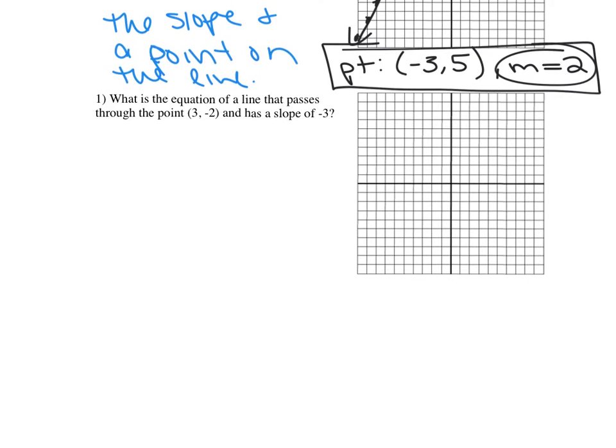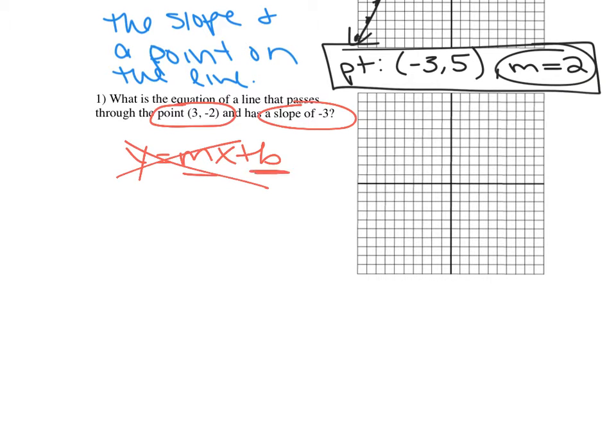For question 1 here, we have what is the equation of the line that passes through the point 3, 2 and has a slope of negative 3. So again, I have a point and I have a slope. You should not be thinking y equals mx plus b. Not. Because that requires a slope and a y-intercept. I have a slope and a point.